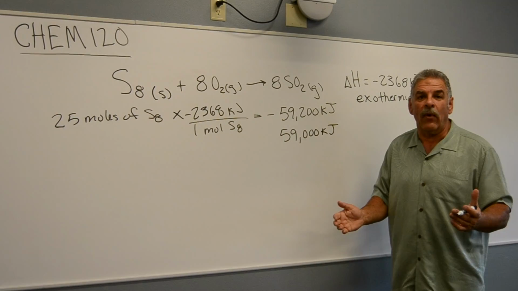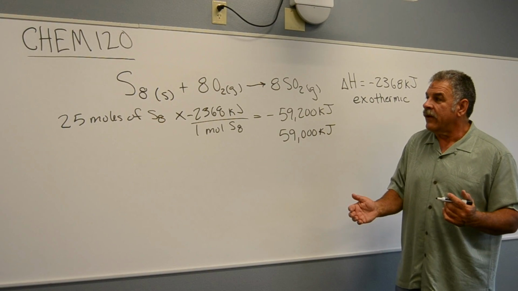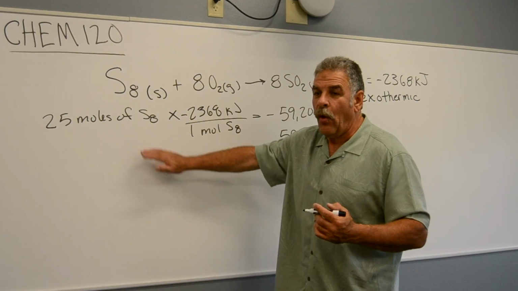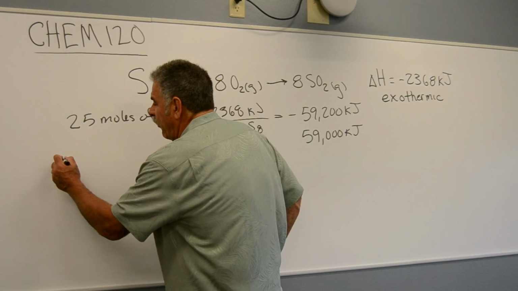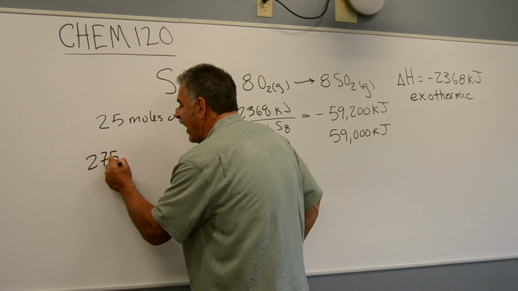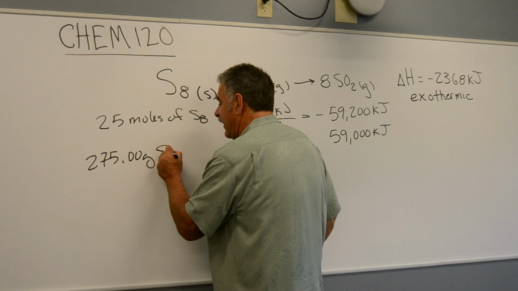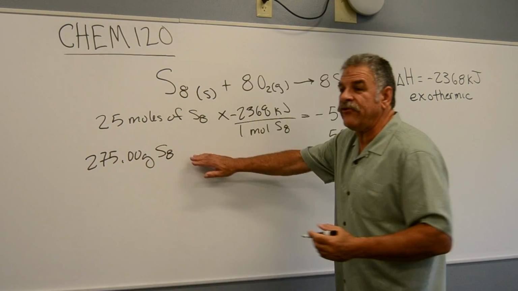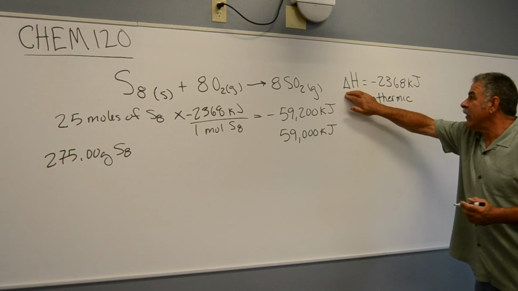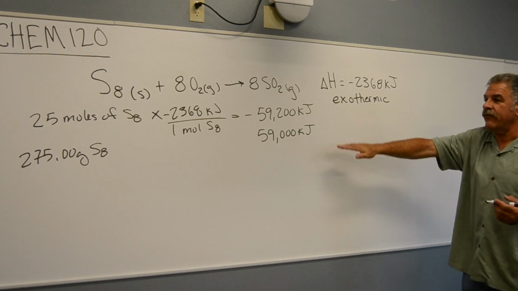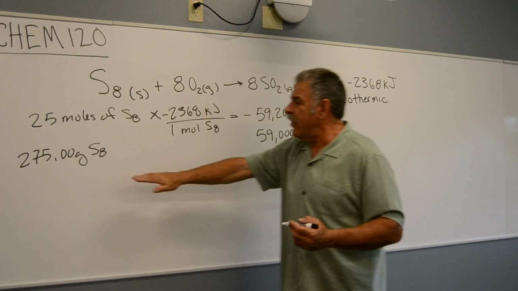Now let's look at another way of doing this problem. Let's say instead of giving us 25 moles, they say we start off with 275.00 grams of S8. How much energy, or what's the change in delta H of this reaction when you start with this?